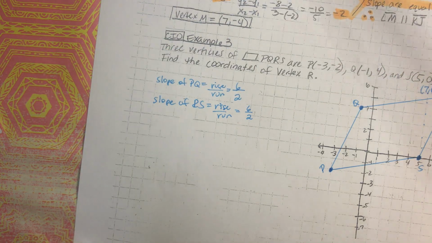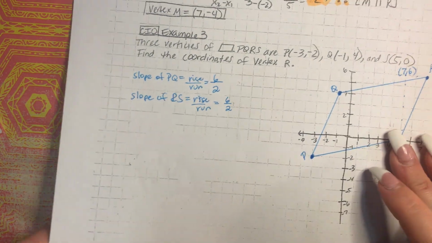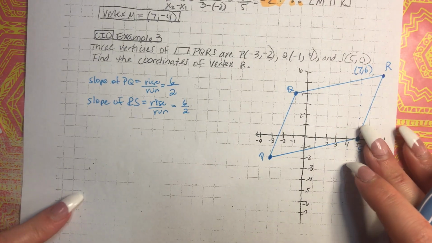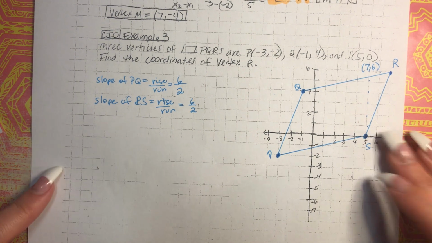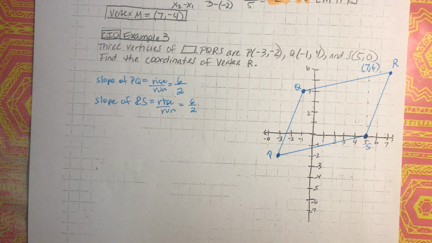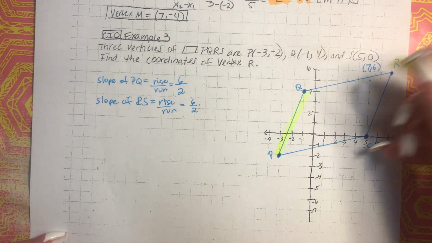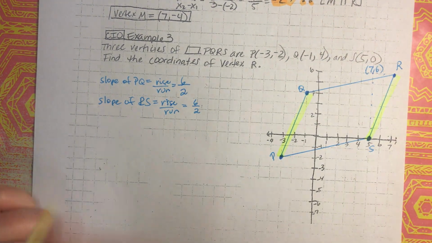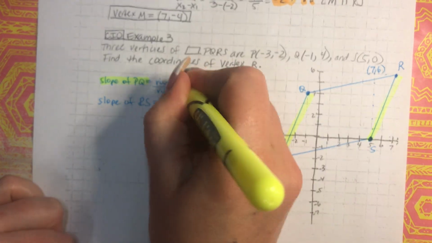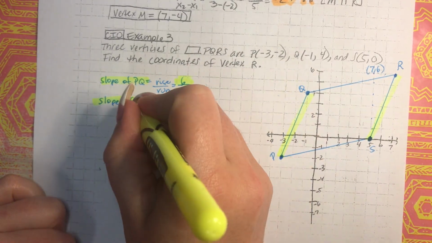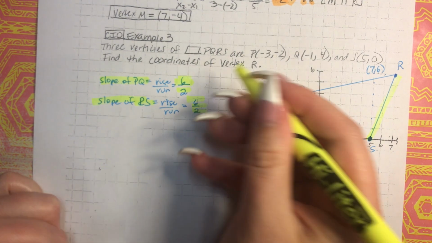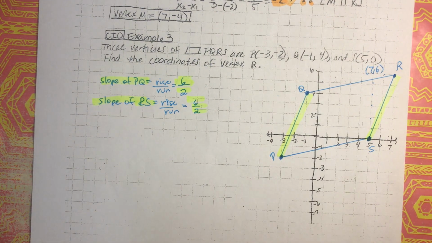Nice. Okay. All right, so which sides did we use? We used this side and this side, right? And that was the slope of PQ and RS is 6/2, which is the same thing as 3, right?